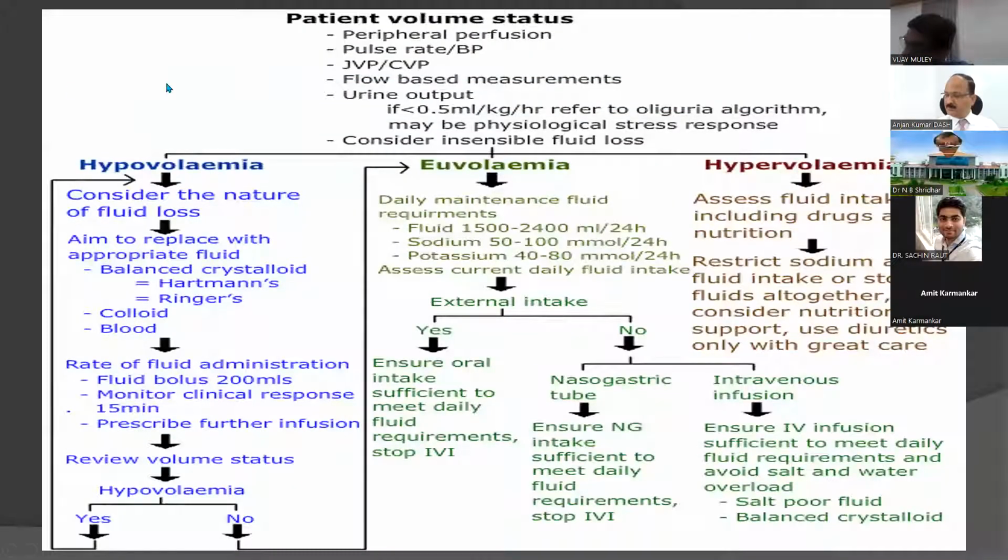And most of the time normovolemia and hypovolemia need to be treated with different types of treatment, and here we need to concentrate on hypovolemic shock.